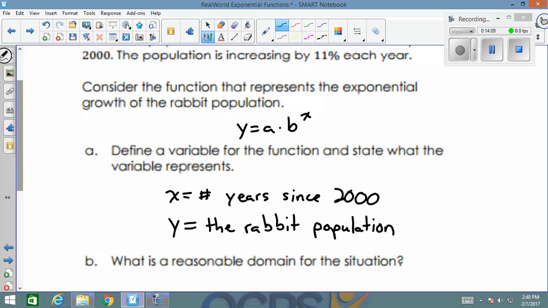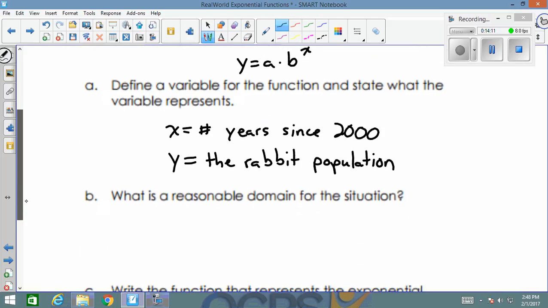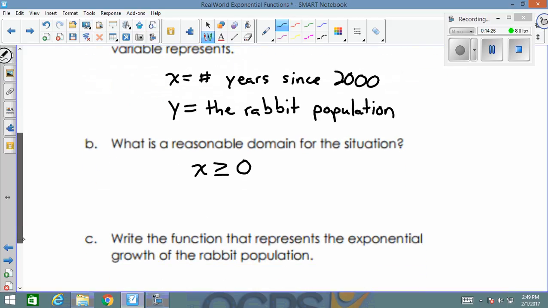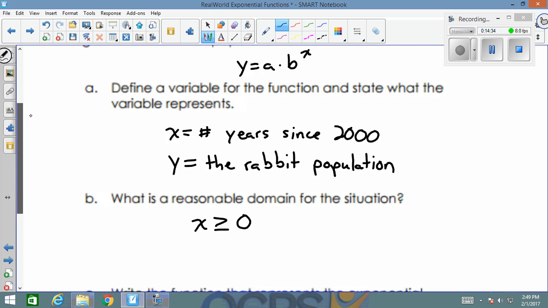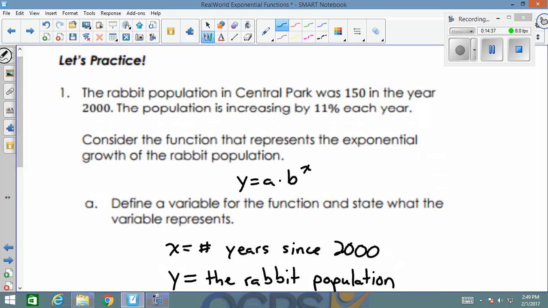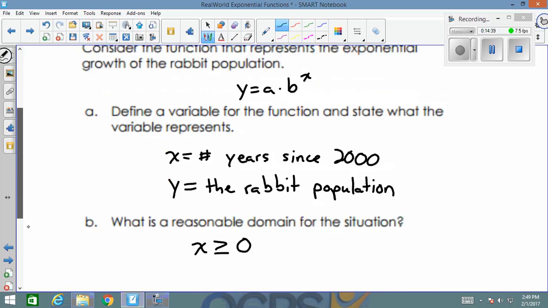It says a reasonable domain. Domain is the x-axis, so we know x has to be greater than or equal to our initial year of 0. It's going to be year 0 because we've identified that x is the years since 2000, so we always start with 0 there. It says write an exponential function, so y equals a times b to the x. Remember, a is our initial, and they said our initial population was 150 rabbits.